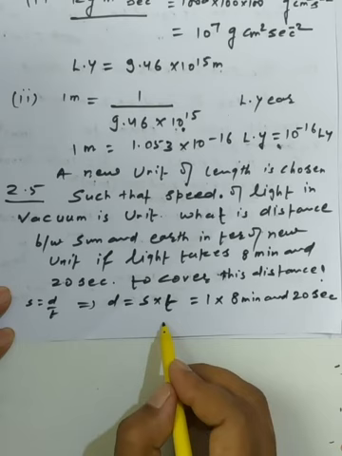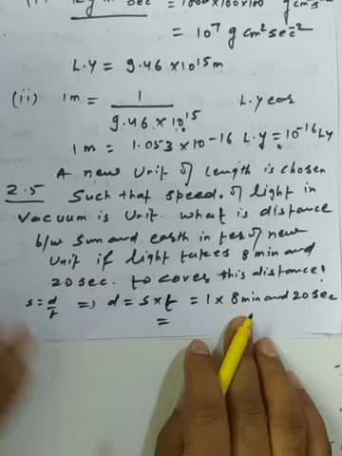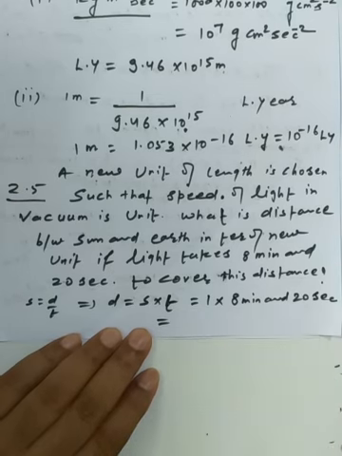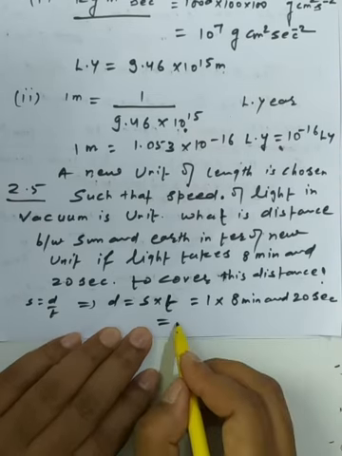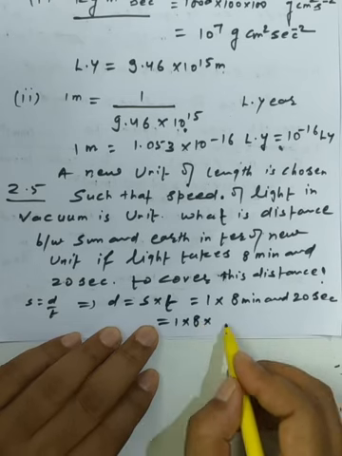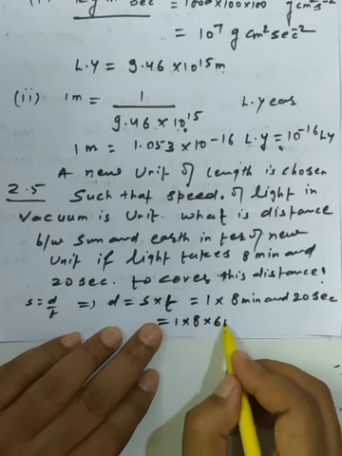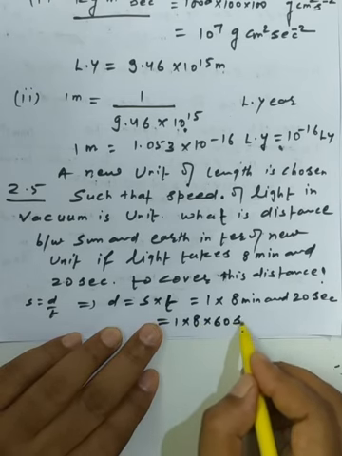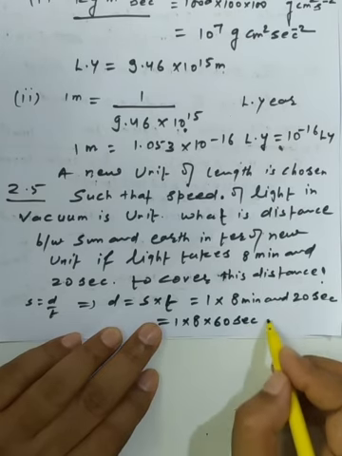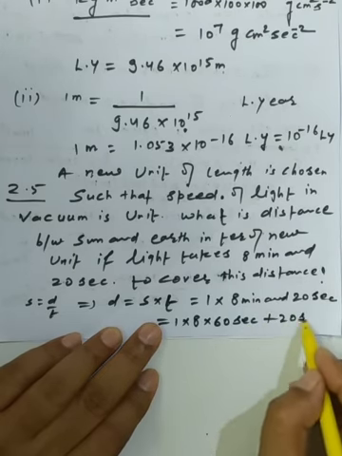So we should follow the basic conversion of the system. We will convert the minute into second. We can write 1 into 8 minute, where 1 minute is equal to 60 second, and we convert all the parts, plus 20 seconds, another parameter we have.